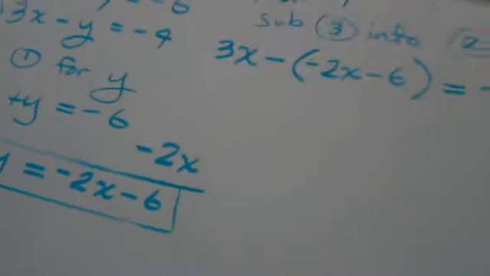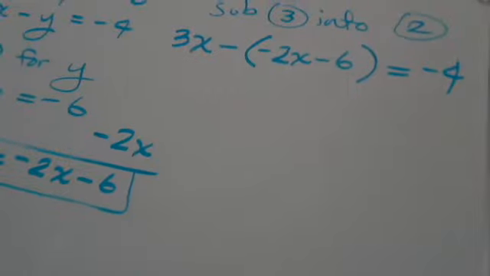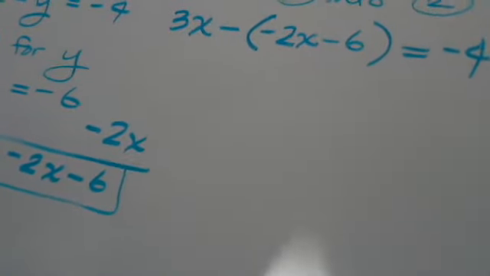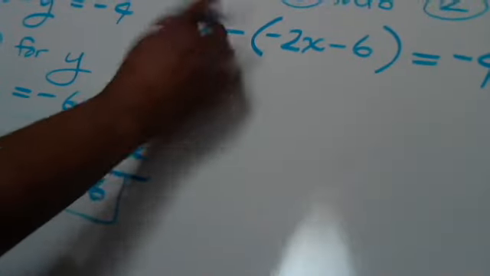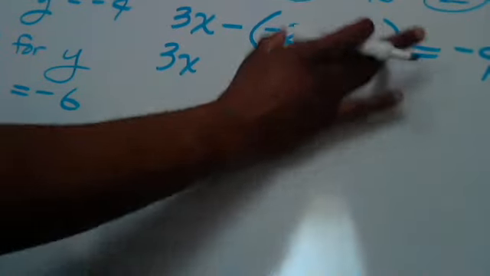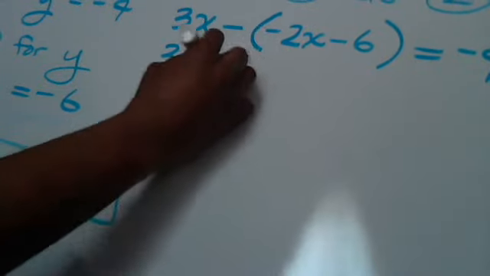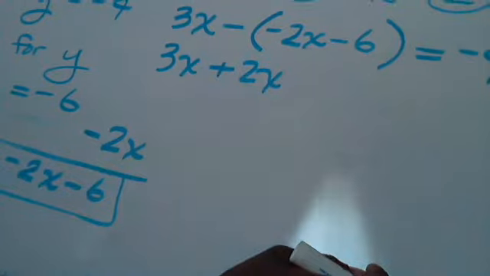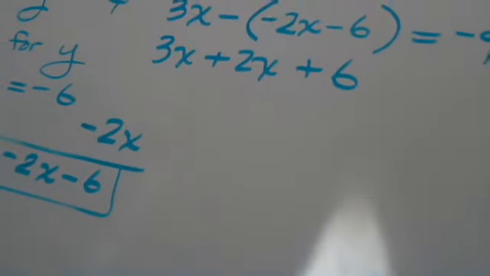And why was that such a breakthrough? That was such a great breakthrough because now we have one equation and one unknown. We can solve for x. So what's going to happen is this will be 3x. I'm going to have to distribute this negative sign across the quantity, changing all these signs in here. So it was a minus 2x, this will be a plus 2x. This was a minus 6, it will now become a plus 6.